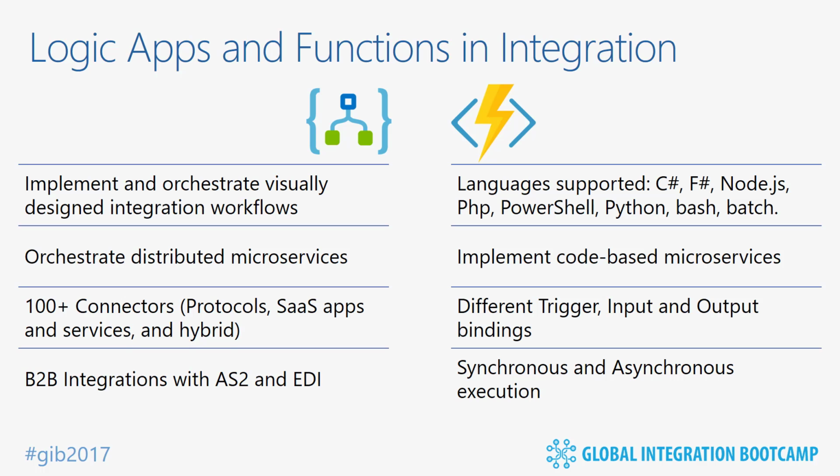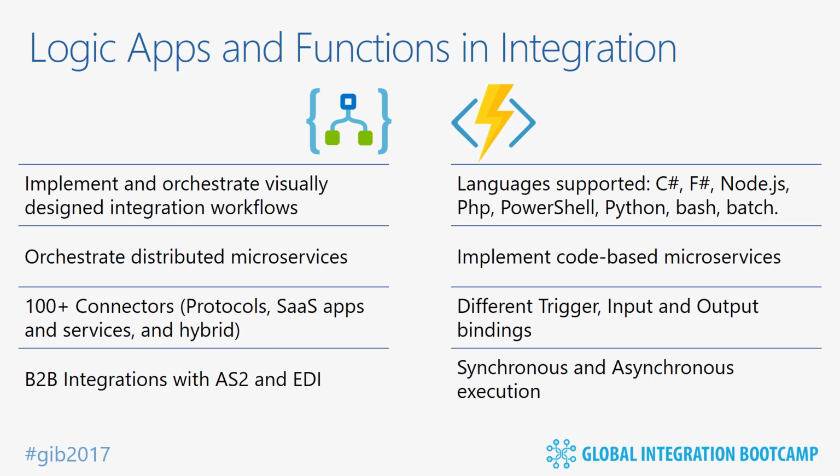If you're in the microservices type of architecture, you would implement those microservices in Azure Functions, discrete pieces of code that perform a single function. But your logic app could then be used to orchestrate the process of executing those services. The logic app, in terms of an integration perspective, we talked about the connectors and all the different systems that you can connect to with that, so that provides that capability as well as hybrid connectivity.